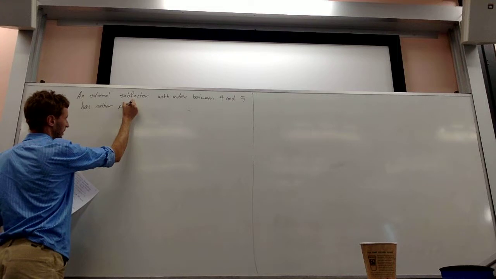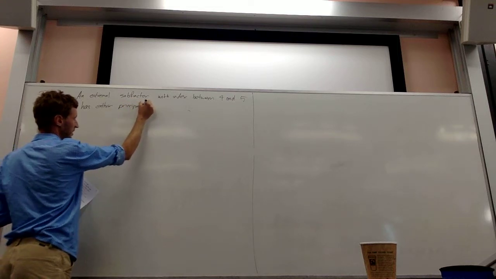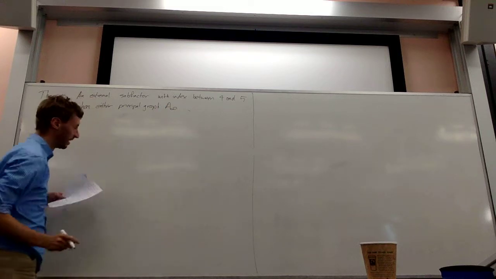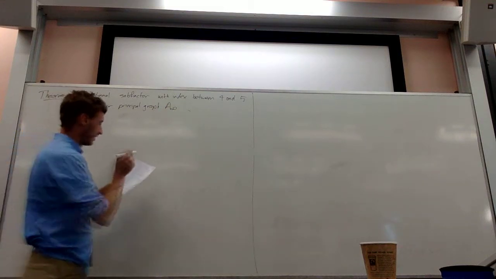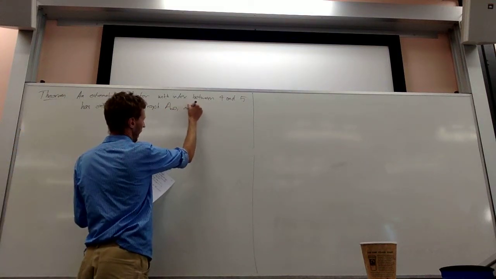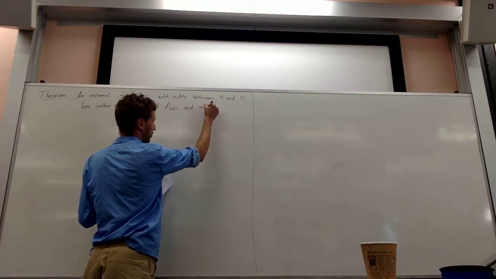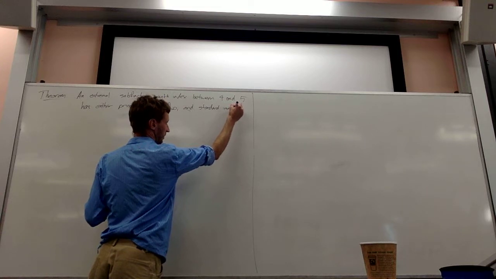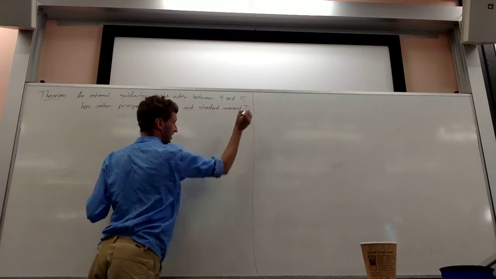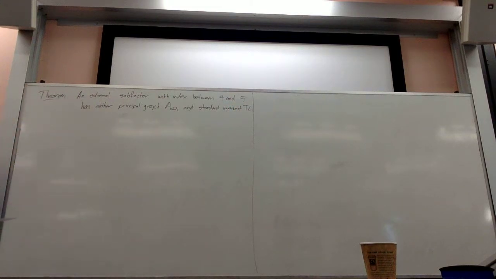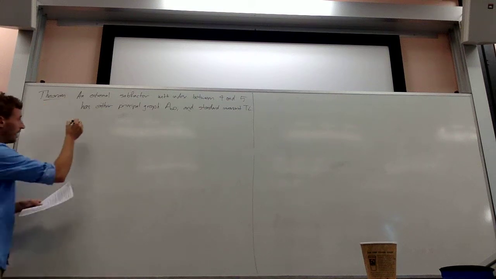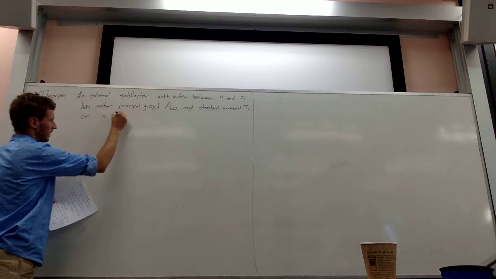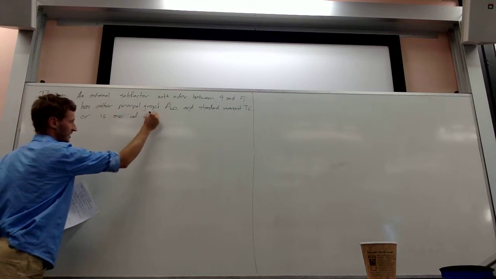Either the principal graph is A infinity, and it turns out this is a possibility at all indexes above 4, but it's kind of boring. And the standard invariant is just trivial. So the planar algebra is just spaghetti, no interesting stuff. Or it is one of the following 10 cases.